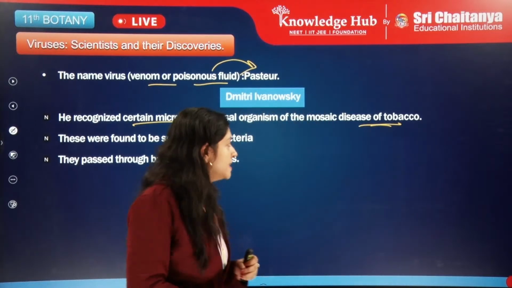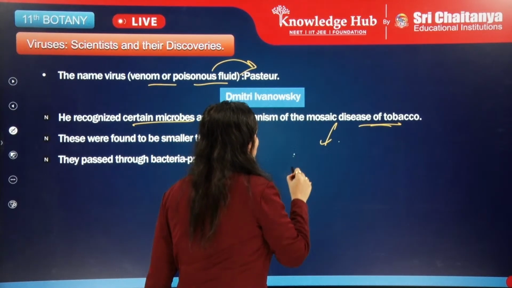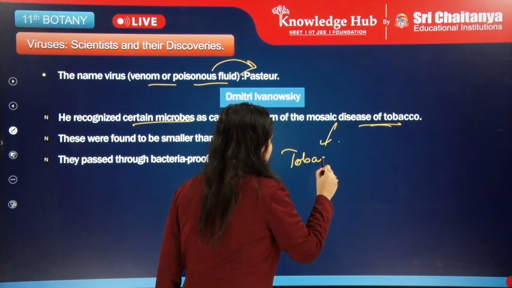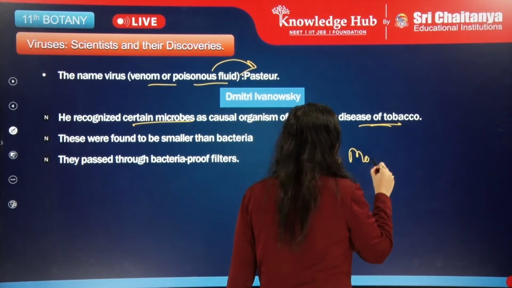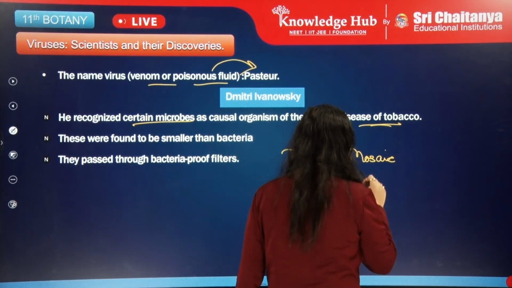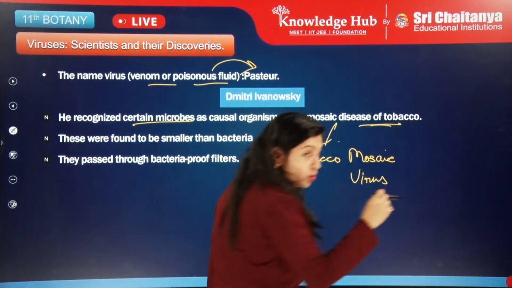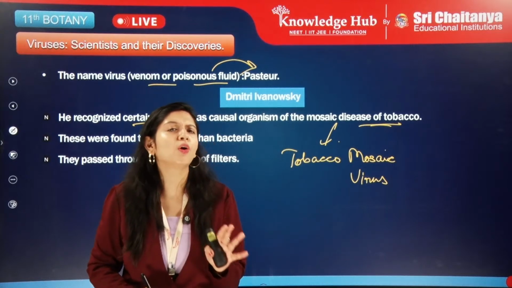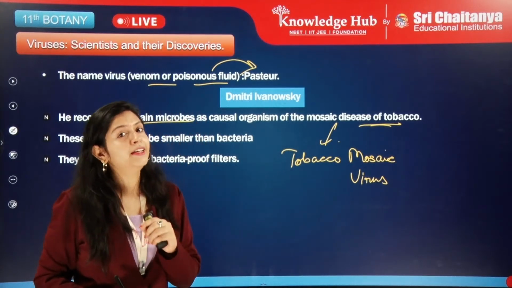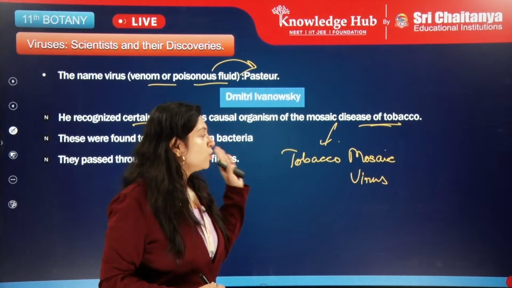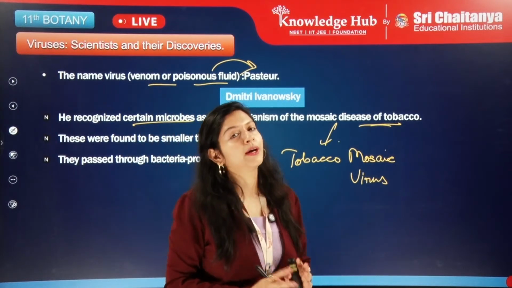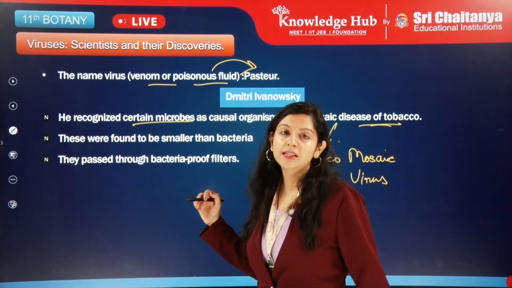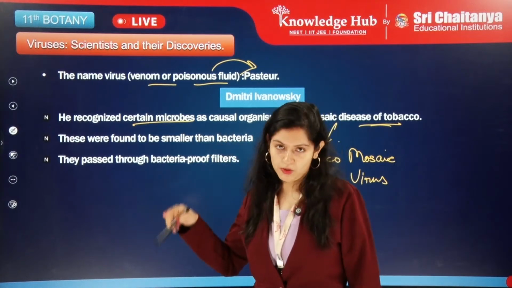Tobacco mosaic disease is caused by the tobacco mosaic virus, TMV. You have the structure of TMV in NCERT; please follow and study it very properly. So tobacco mosaic disease is caused by a virus, and this was shown by Dmitry Ivanovsky.